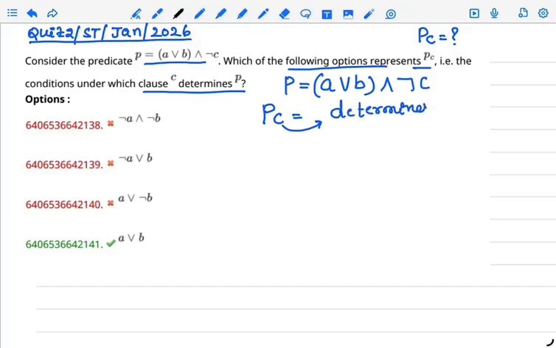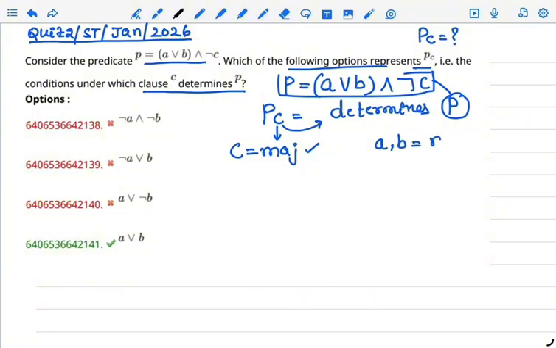We consider C the major clause, and A and B the minor clauses. PC means the clause C which determines the predicate P.